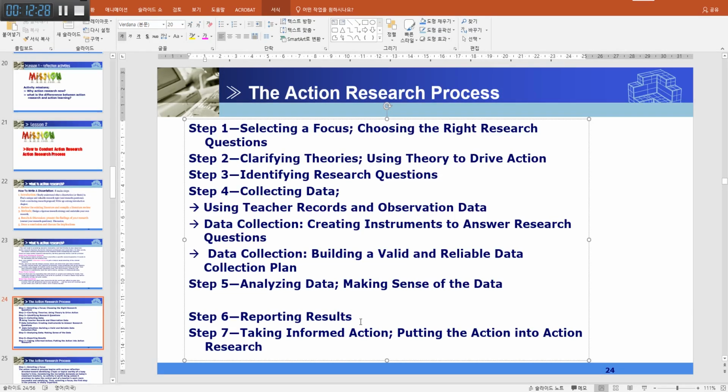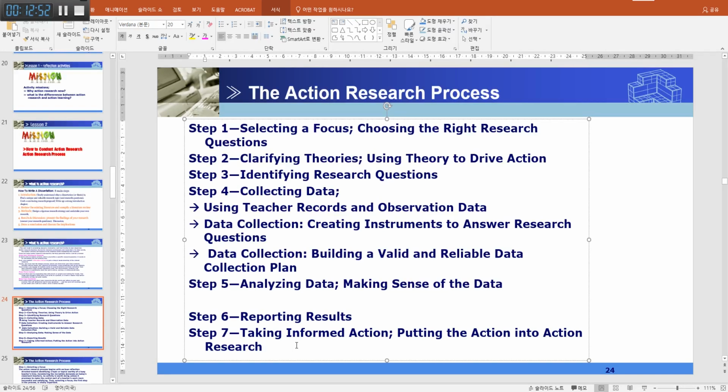The data could be survey, or interviews, or document analysis. Okay, and then you need to draw some conclusions, and based on that action research conclusion, you need to take some action.